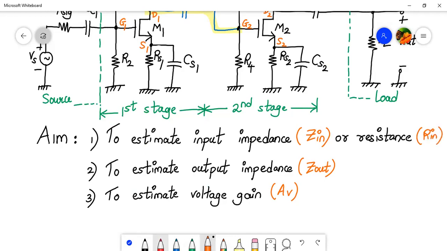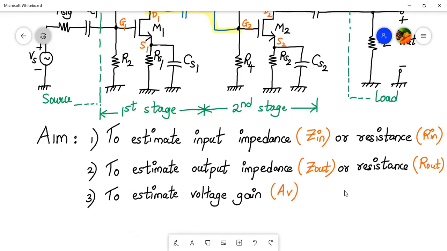We also want to estimate the output impedance or resistance. Sometimes in some texts it is given as resistance, in other texts as impedance. Impedance is normally considered whenever it involves any electrical or electronic component which is dependent upon frequency. So this is R out. And the third aim is to estimate the voltage gain AV.